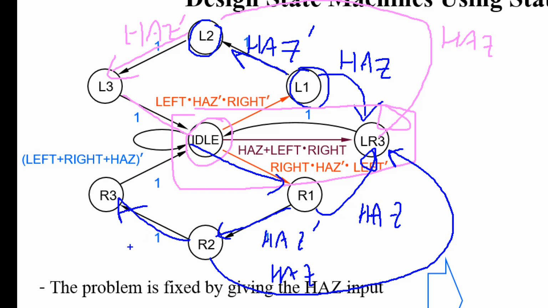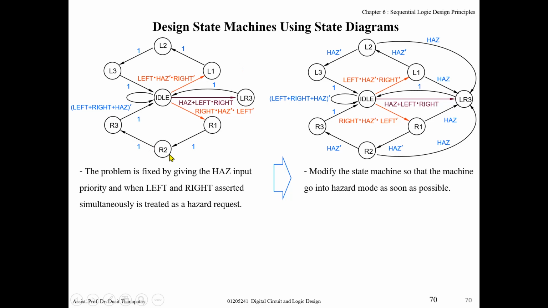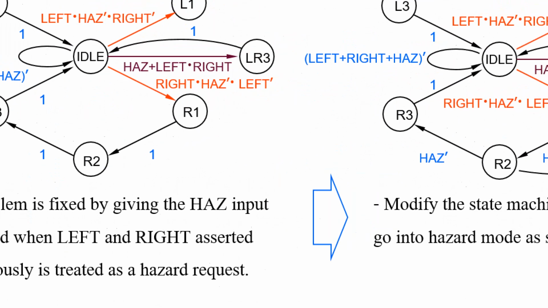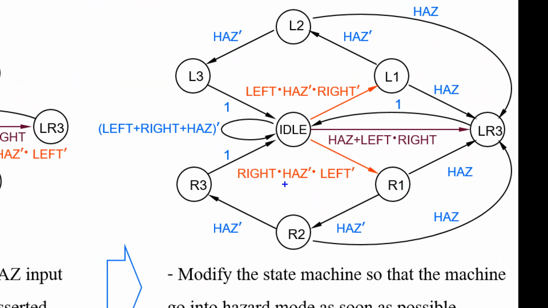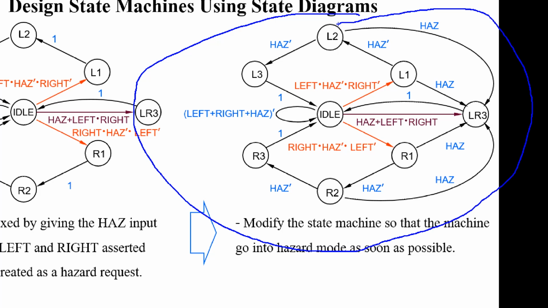If not, continue to R3. So yeah, you can modify the state again like this. And if you think this one is okay, let's use this state again to continue the state machine design.